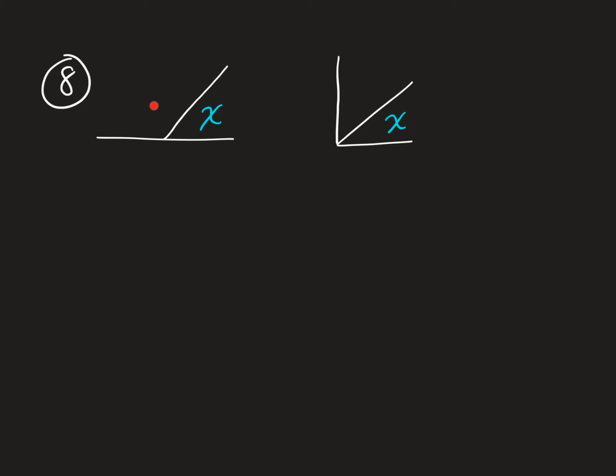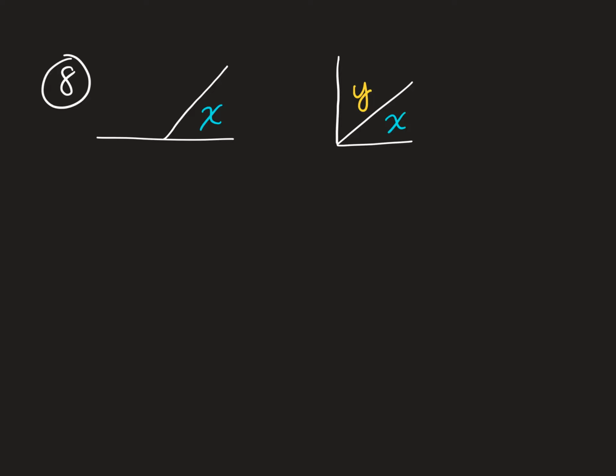Because in order to write an expression for this angle, I've got to think about a way to write an expression for this angle. I don't know what this complement is either, so I'm just going to pick another variable. I'm going to call it y. If I don't know what it is, I can just give it another variable. We don't want to use x again because we've already used x to represent something.